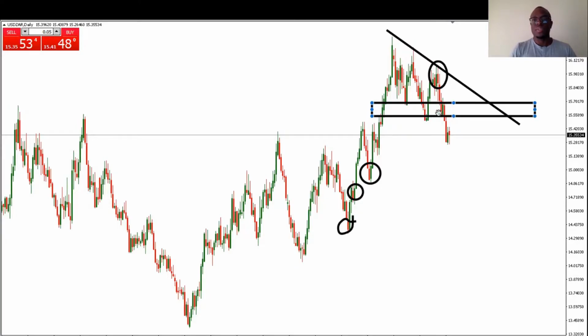This one, right? And you can also notice that there was a previous low that was broken. So we know that once the price breaks a certain low, it is going to come back and retest it as a resistance zone.